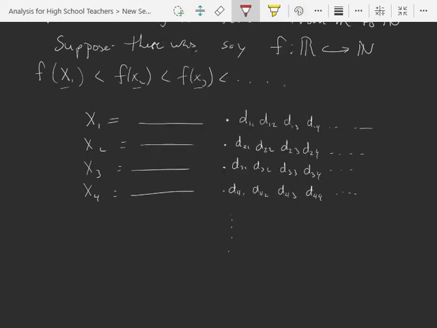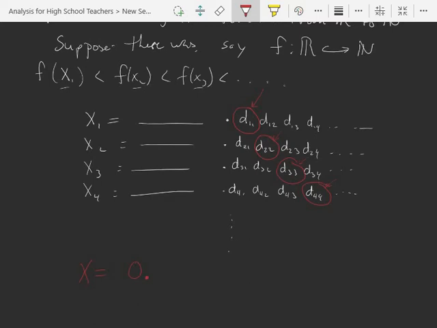Alright. We need to find a number that doesn't match any of the numbers in the list, and then I can show that there's not an injective function. So what I'm going to do is look at this diagonal. I'm going to look at D11, D22, D33, D44. And if I change this guy, and this guy, and this guy, I don't care what happens before, so I'm just going to say let's x equal 0 point.